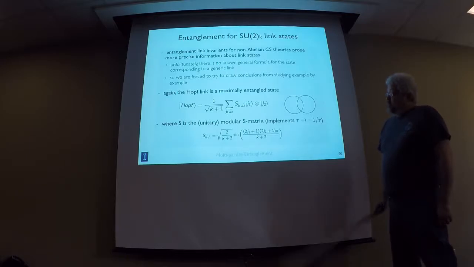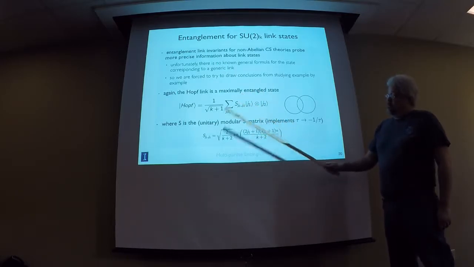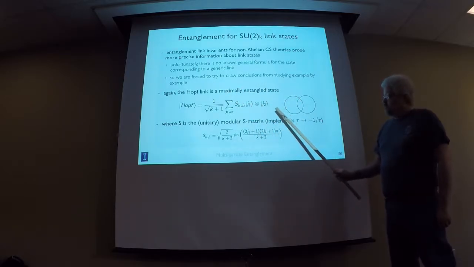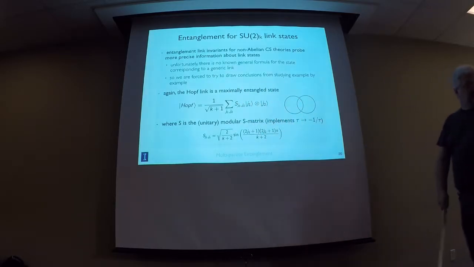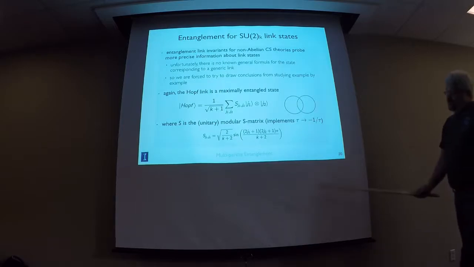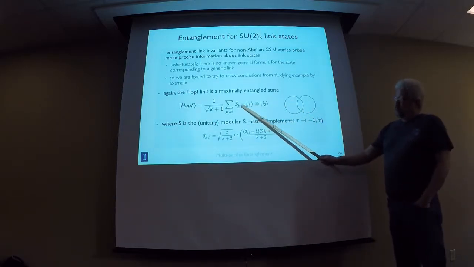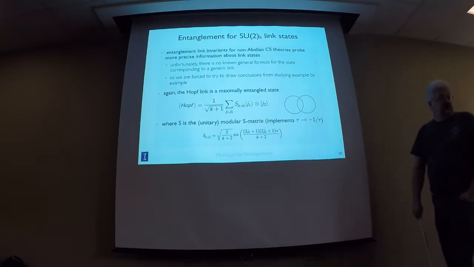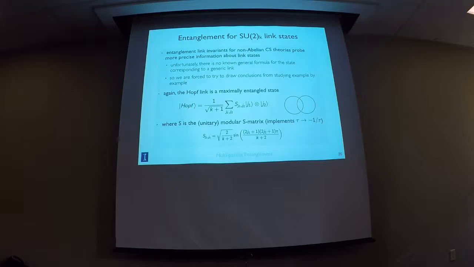Okay, so for example, the Hopf link again is particularly simple. Now I have a basis element J1, J2. The colored link invariant is given by what's called the modular S matrix, or a component of the modular S matrix.